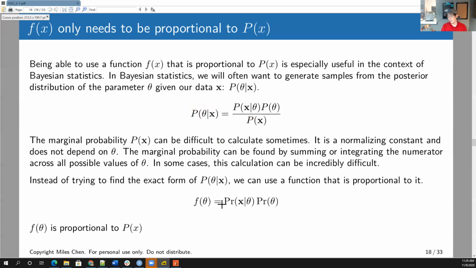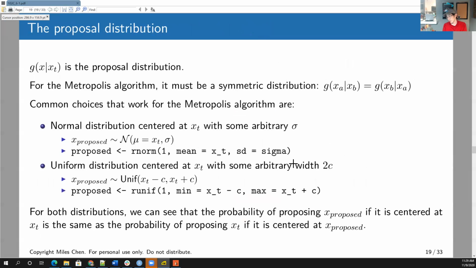And so this saves us a lot of work, in that we can generate samples from this posterior distribution without actually knowing the exact form of the posterior, because there could be millions of possible values of theta, but you just don't know them all. So that's a benefit.